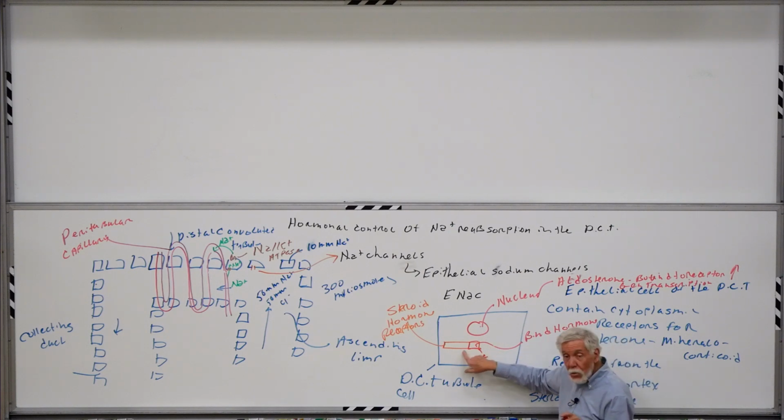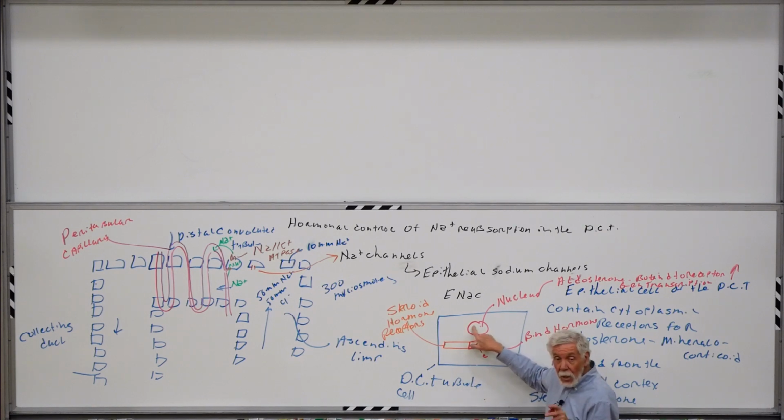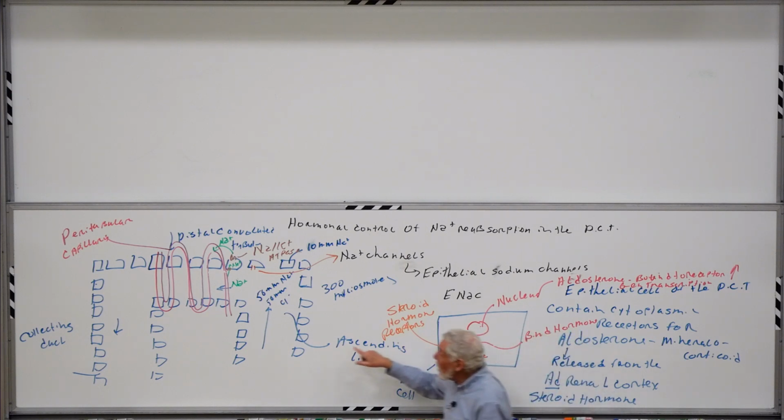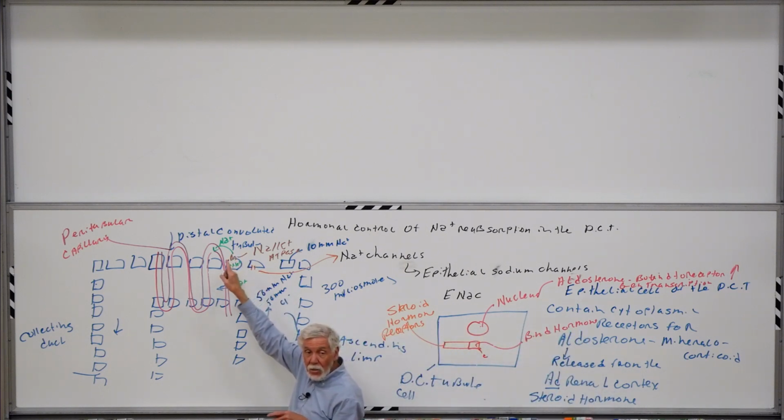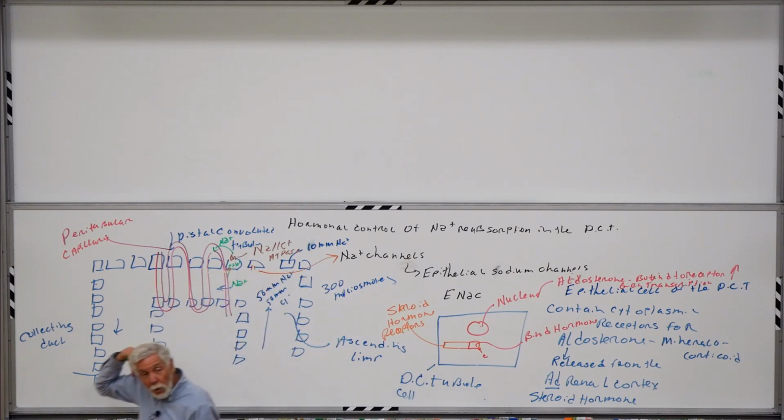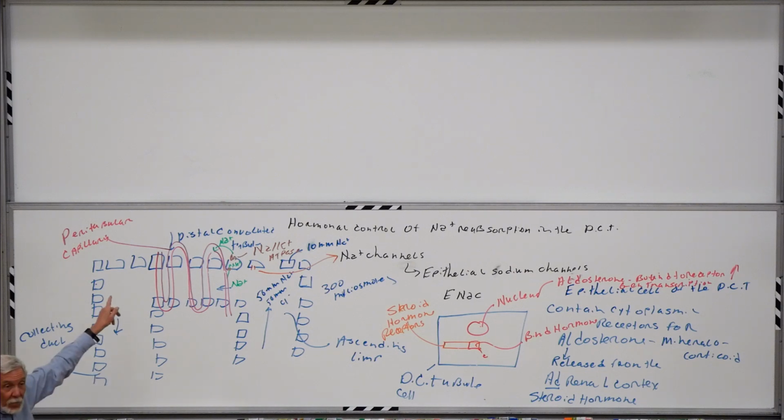That then signals this whole receptor hormone complex to find its way into the nucleus. And once in the nucleus, it seeks out and binds to the regions of the DNA that are responsible for synthesizing the ENaCs and synthesizing the sodium potassium ATPases, so that you're now more effective. You have more machinery out here to take the sodium up, bring it across the epithelium, and back into the blood vascular compartment.